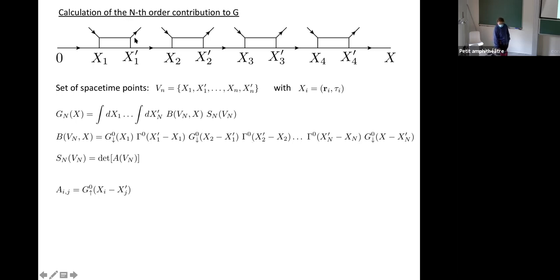And then to have all Feynman diagrams, we have to consider all possible connections of these open ends. Now, this can be done in a single shot by just calculating one determinant. So if you do one determinant, you have all the topologies.